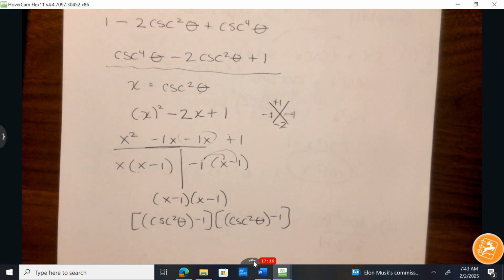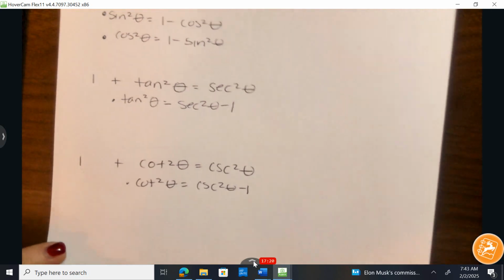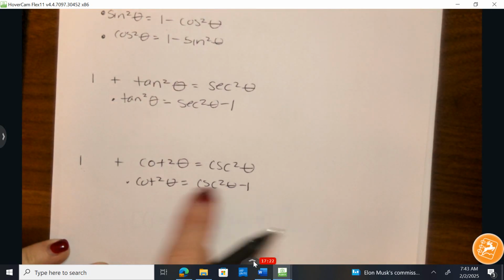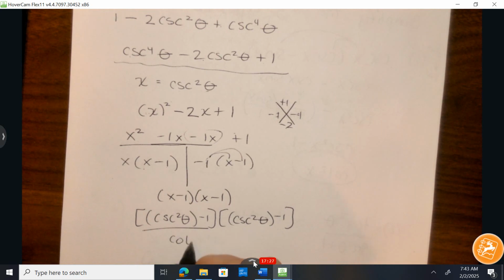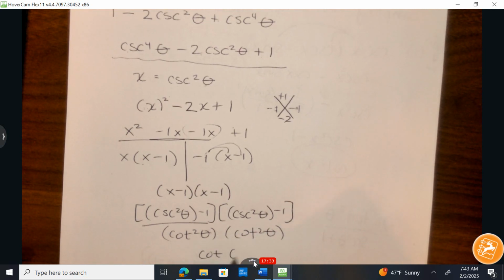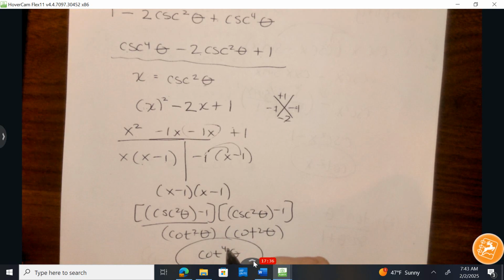So I'm going to bring back that paper, cosecant squared theta minus 1. Is that here? Yes, cosecant squared theta minus 1 is equal to cotangent squared theta. So this is equivalent to cotangent squared theta, and this also is equivalent to cotangent squared theta. When you multiply and you have the same base, you keep the base and you add the exponents.